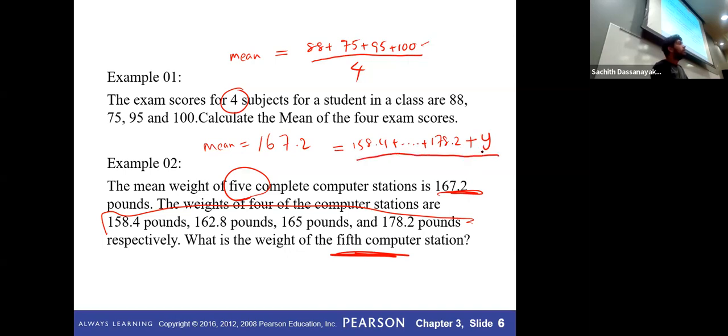Divide by, what's the number? Divide by 5, because this number is based on 5 computers, so 5. Solve this, you can find the value of y, right? Simply what? Multiply both sides by 5 and subtract these numbers. That's it. Clear? Clear?